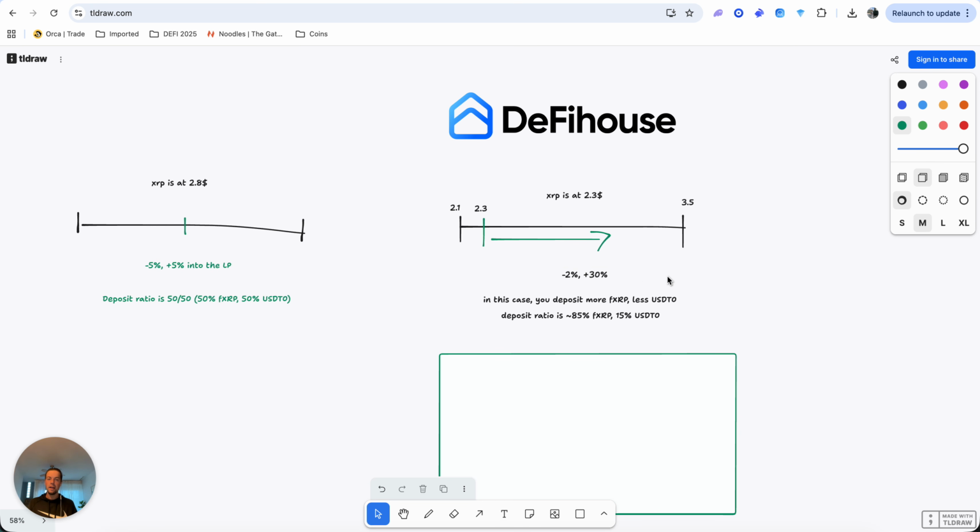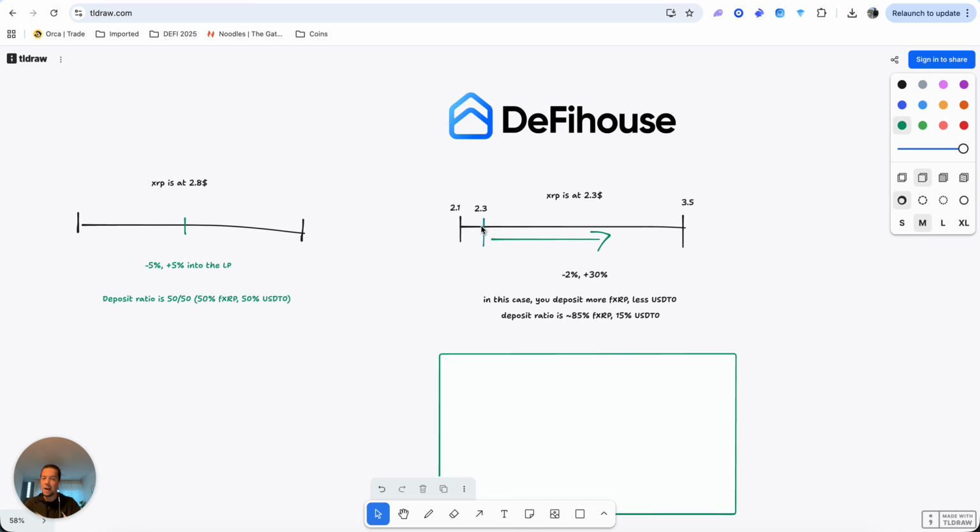In this case, you will be depositing mostly in FXRP and just a bit in USDT0. So your deposit ratio will be more or less 85 to 90% in FXRP and just a little bit in USDT0. In this case, you will be deploying mostly in FXRP.